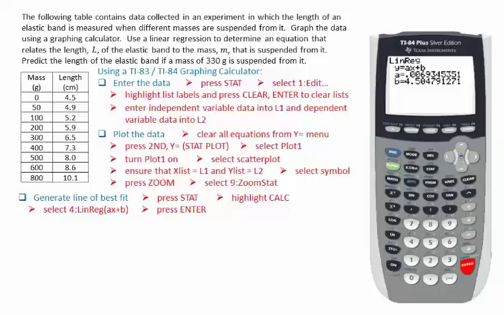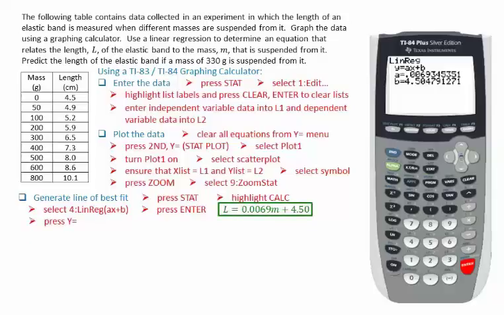Note we have now the equation of the line y equals ax plus b, where the coefficient a and the constant b have been determined. We then have the equation L, which corresponds to the y, and m, corresponding to the x, of L equals 0.0069 m plus 4.50.